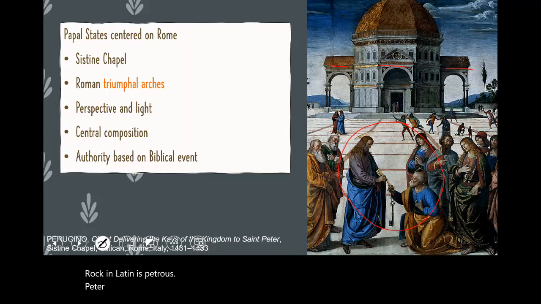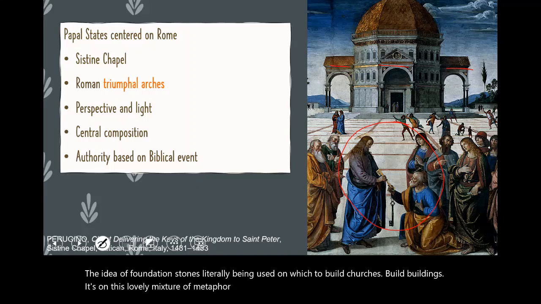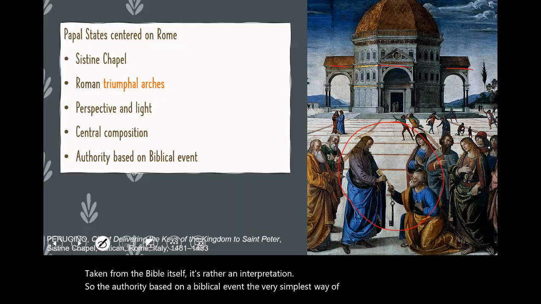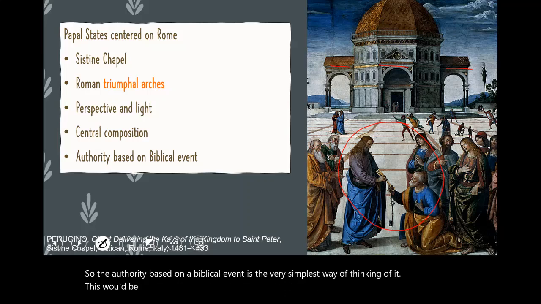So calling this disciple Peter, the idea of foundation stones literally being used on which to build churches, build buildings. It's this lovely mixture of metaphor and scripture that is not strictly taken from the Bible itself. It's rather an interpretation. So the authority based on a biblical event, it's the very simplest way of thinking of it. This would be challenged in just a few decades with the Protestant Reformation.